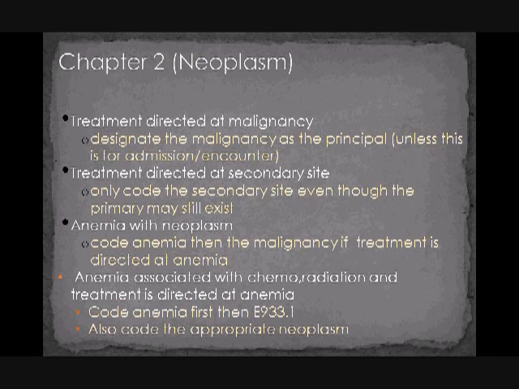So if the person is coming in for treatment of the primary cancer, you would designate the primary cancer, unless the person was coming in for something like chemotherapy, then you put chemotherapy first and then the cancer itself. If the person is coming in for treatment for the secondary site, you only have to code the secondary site, even though the primary site may still exist.